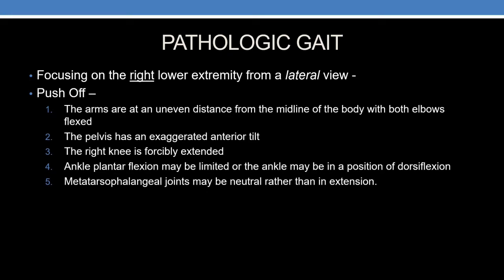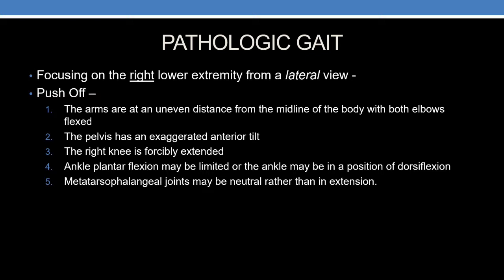In the presence of problems such as injury or trauma or pathologic conditions, we see that the arms would be an uneven distance from the midline of the body. We would see that both elbows are flexed. The pelvis has an exaggerated anterior tilt. Possibly the knee could be forcibly extended.